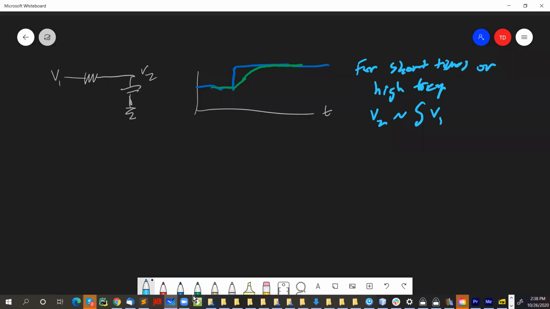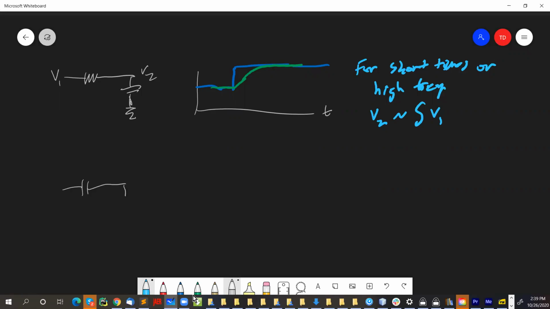That's why it's called an integrator. You see how it integrates there? Because the response to a step is just a linear function of time. Okay, is that clear?